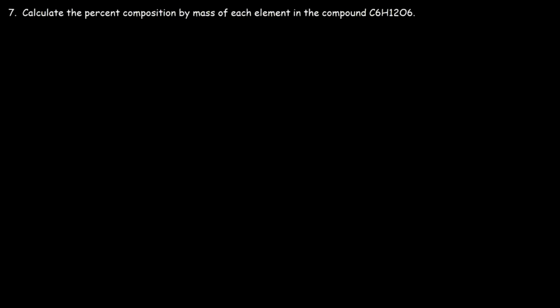Number 7. Calculate the percent composition by mass of each element in the compound C6H12O6. So how do we find the mass percent of an element in a compound? Here's the formula that you need to know. So let's say we want to find the percent by mass of the element carbon.